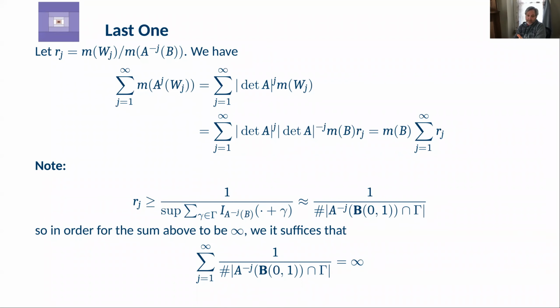So since Rj is approximately bigger than or equal to this quantity, that's why we need this sum to be infinity. Okay, so like I say, that's the heavy lift.